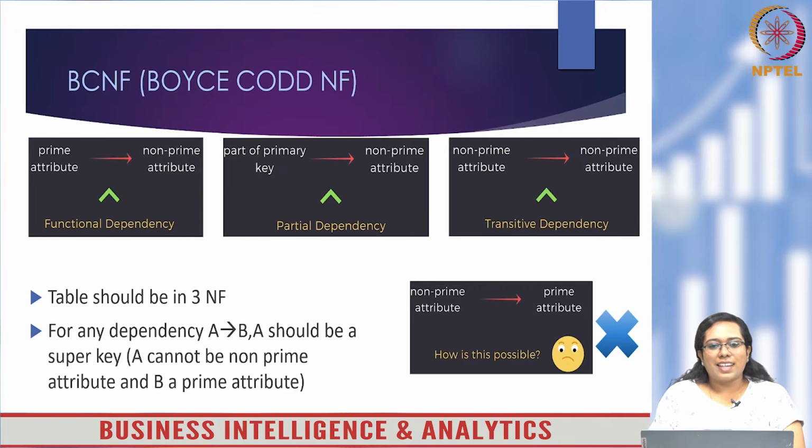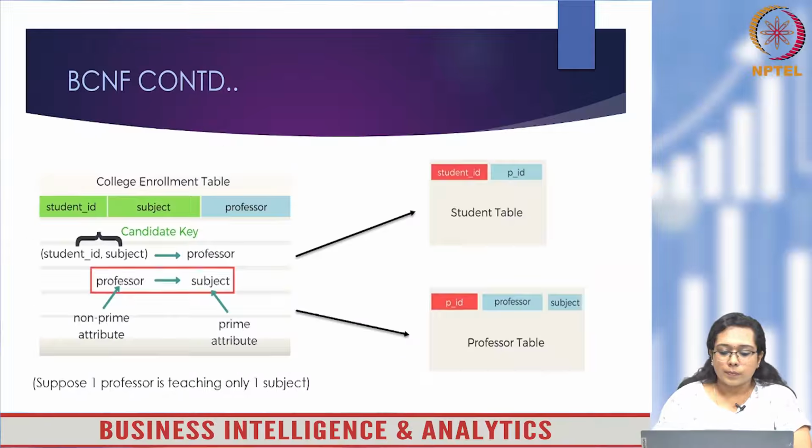Now, you will be getting confused, right? How can a prime attribute depend on a non-prime attribute? It is always the opposite case. How can a primary key or a prime attribute be dependent on some other non-prime attribute? That is what is to be avoided in BCNF.